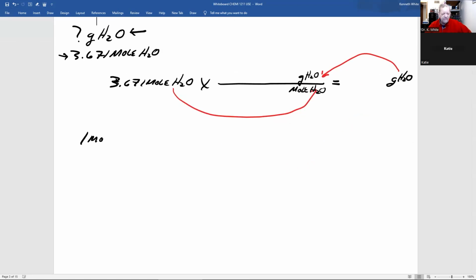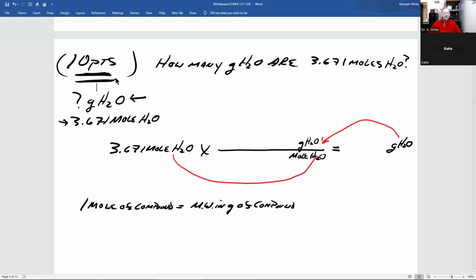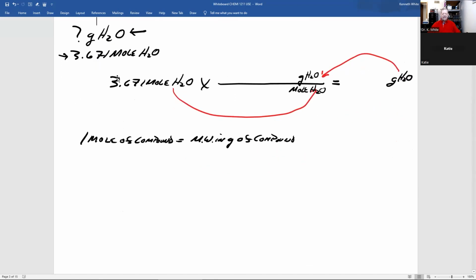1 mole of a compound equals the molecular weight in grams. Remember, MW is molecular weight in grams of the compound. Uh-oh, we don't have the molecular weight of water.